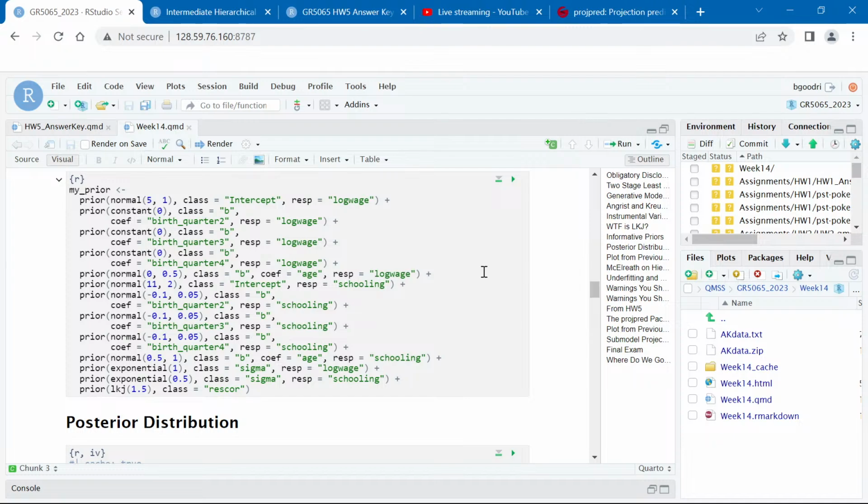And then we need a pretty informative prior on the second, third, and fourth quarter. So you're less likely to be able to drop out sooner if you were born in the second, third, or fourth quarter than you would be if you were born in the first quarter of whatever year you were. You're more likely to be old enough to drop out sooner if you were born in January than if you were born in December of the same year.